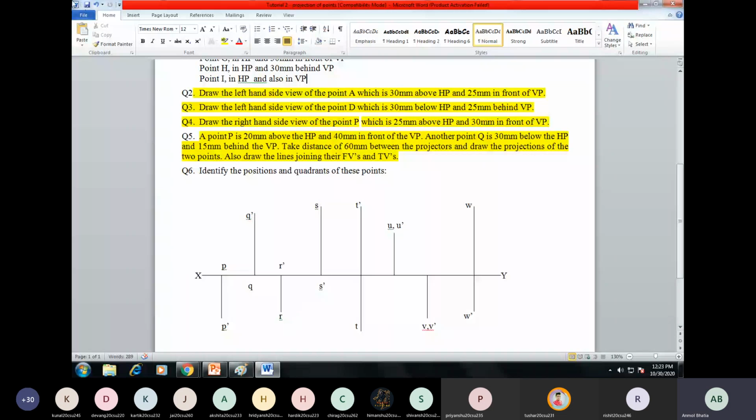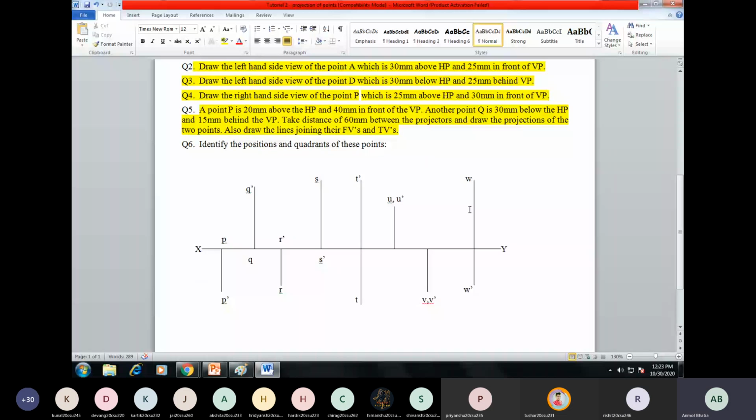Likewise, if I tell you to identify, let's say this T point, what would be the position of T point? जैसे T में T dash First quadrant. ऊपर है और ये XY लाइन से नीचे है, तो ये फर्स्ट क्वाड्रेंट हुआ. इधर देखिए W को, third quadrant. गुड. थर्ड क्वाड्रेंट में देखिए ये W means the top view is above and W dash means the front view is below. That means object would be in the third quadrant.